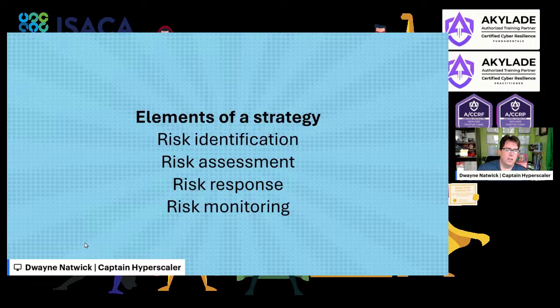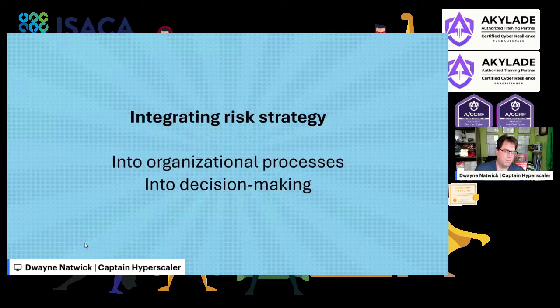So various elements of the strategy: the identification of our risk, the assessment, the response, and the monitoring are all key aspects. So integrating that into the business processes, into the decision making, is how we build a risk aware culture.